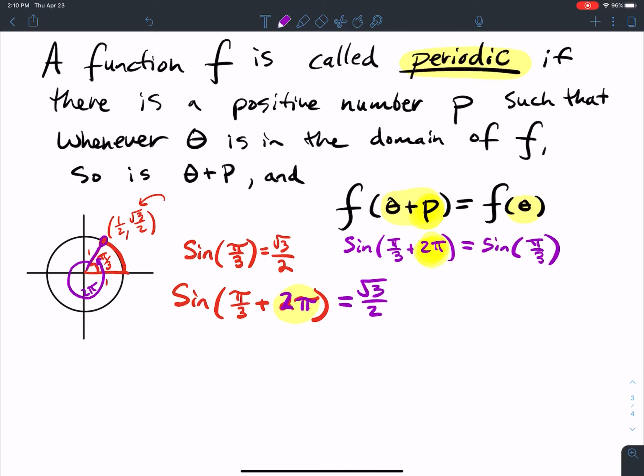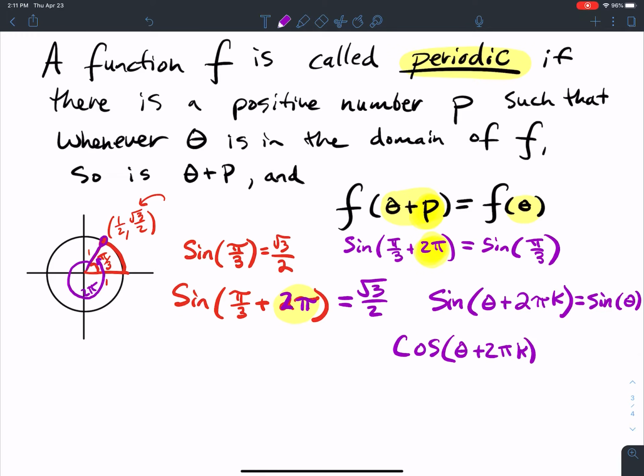So in general, the sine of theta plus 2 pi times some integer k is equal to the sine of theta. Same thing's true for cosine. The cosine of theta plus some integer multiple of 2 pi is equal to the cosine of theta.